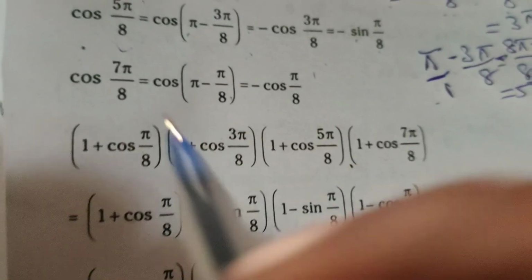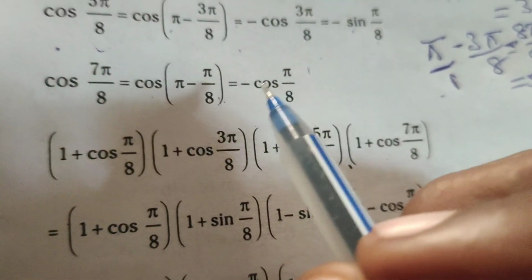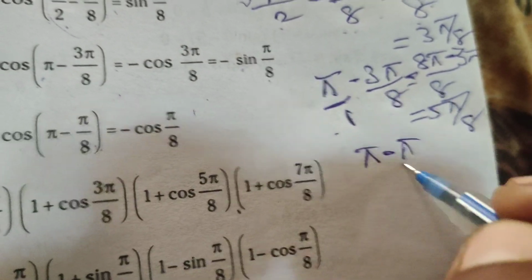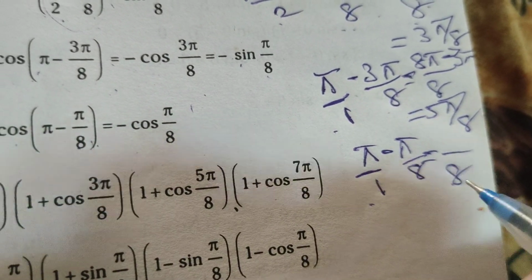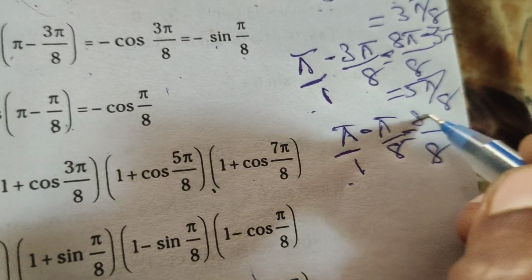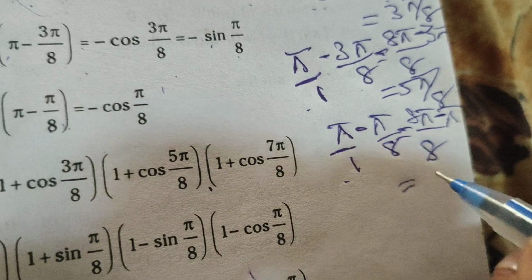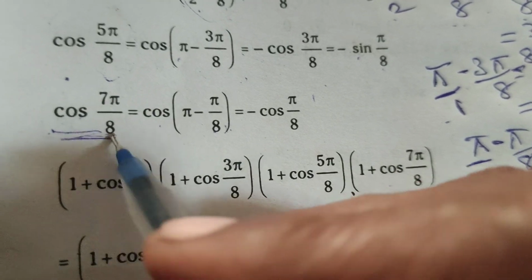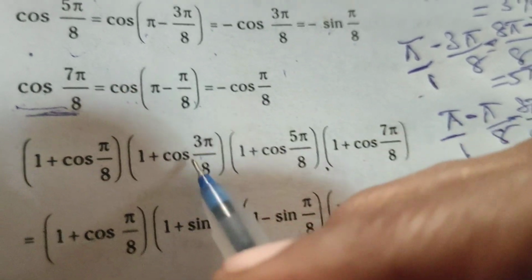Now in the given problem, arrange cos 7 pi by 8. We choose cos of 180 minus theta, cos of pi minus pi by 8. Pi minus pi by 8, with denominator 1 and LCM 8: 8 pi minus pi gives 7 pi by 8. So cos 7 pi by 8 is cos of pi minus pi by 8.